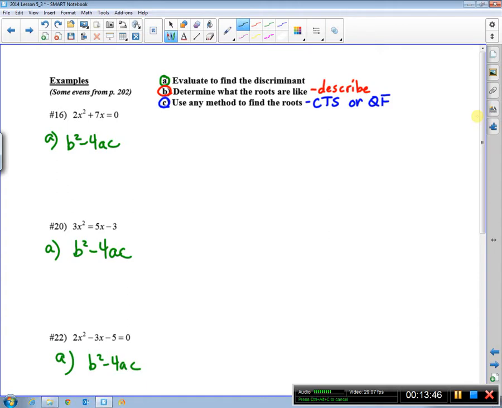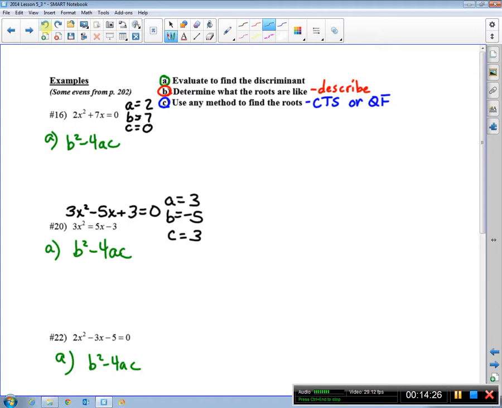So we need to know in all of these values, all of these equations, what A, B, and C are. Here A is 2, B is 7, and C is 0. Here we'd have to bring over 3x squared minus 5x plus 3 equals 0. And A is 3, B is negative 5, and C is 3. So we'll do that all the way down.